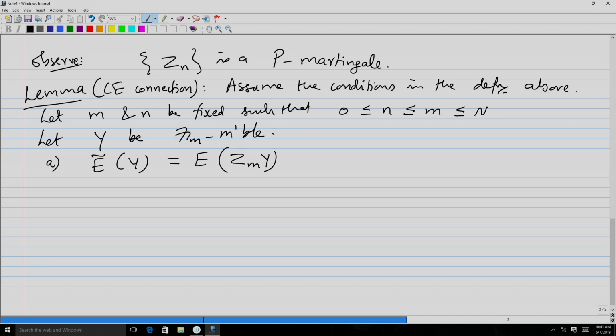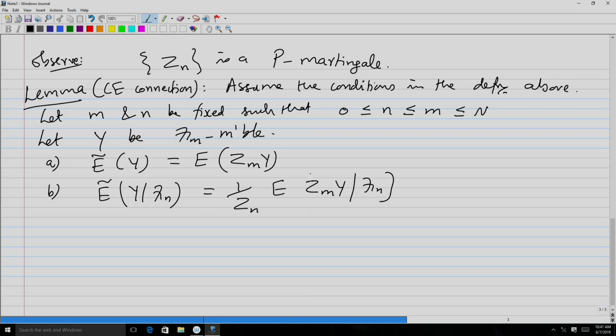And the next one is more general, of course, and the first part is a special case of it: E tilde of Y given F_n is nothing but 1 over Z_n times E of Z_m Y given F_n.